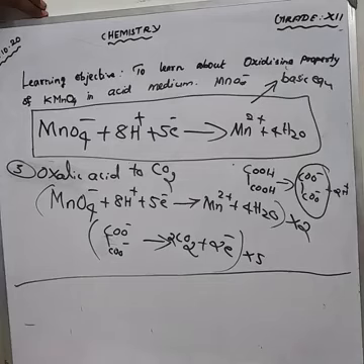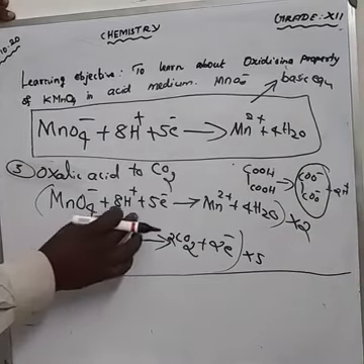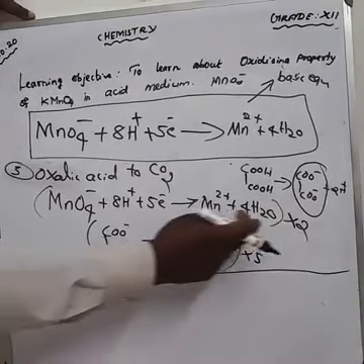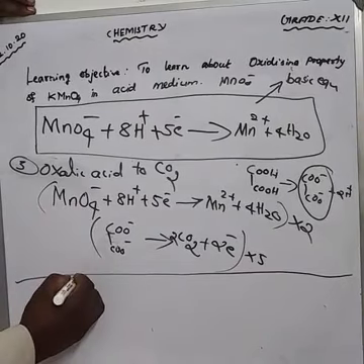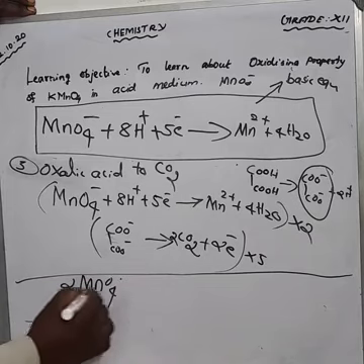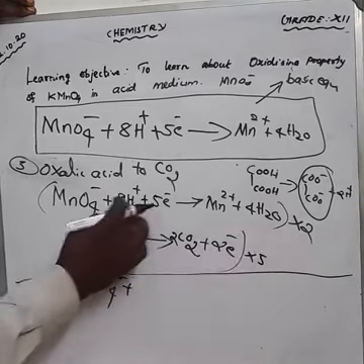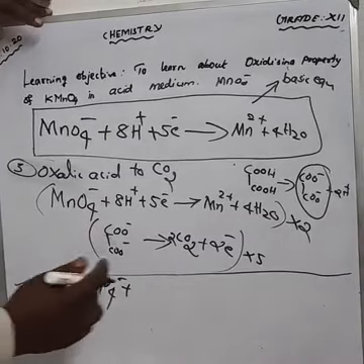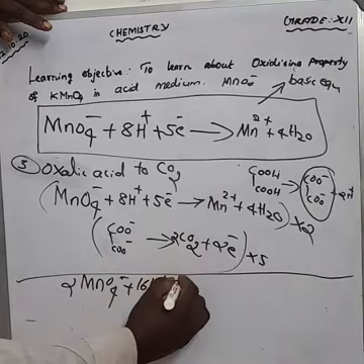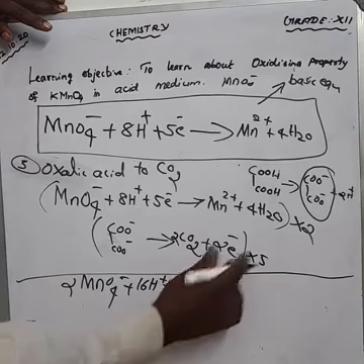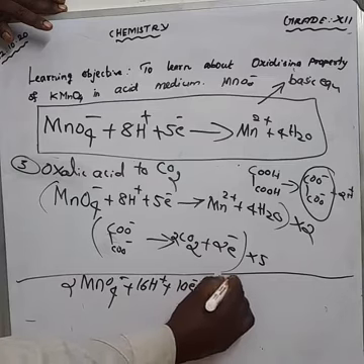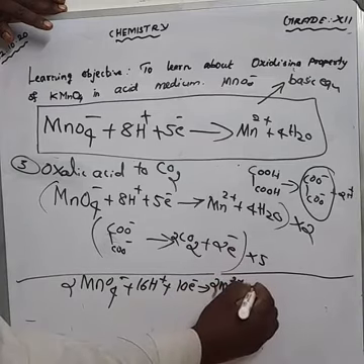When the basic equation is multiplied by 2, what is the answer? 2 into MnO4 minus, plus 2 into 8H plus, 8 twos are 16H plus, 2 into 5, 10 electrons, 2 into Mn2 plus, and 2 into 4, 8 molecules of water.